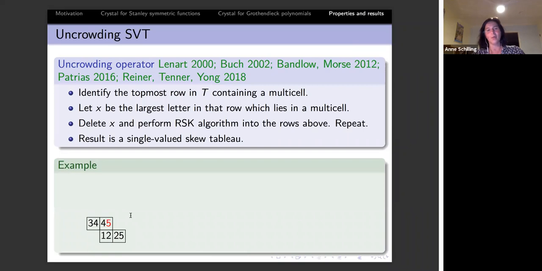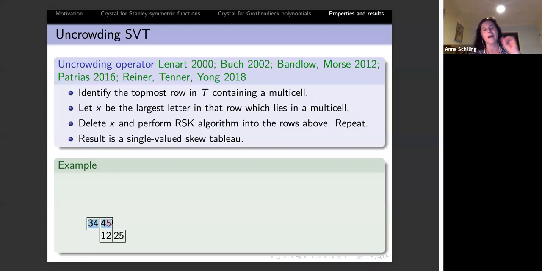So take a skew set-valued tableau. Basically what uncrowding means is, you have lots of letters in these boxes, and you want to get it to the case where there's just one letter in each box. So you start in the highest row that has multiple letters. For us, that's the top row.